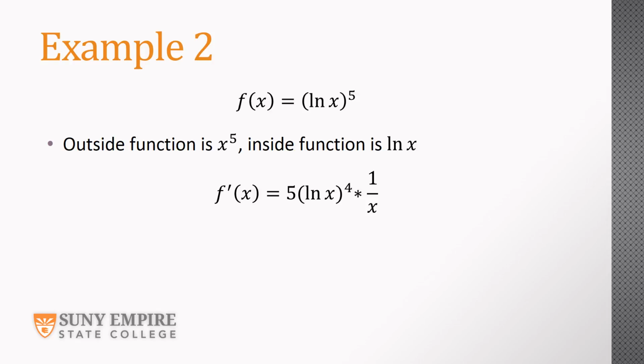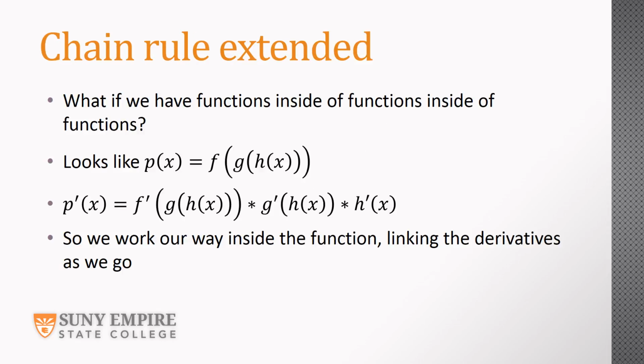F prime is therefore 5 multiplied by the natural logarithm of x raised to the 4th power multiplied by 1 over x. We can simplify this slightly to look like 5 multiplied by the natural logarithm of x raised to the 4th over x.